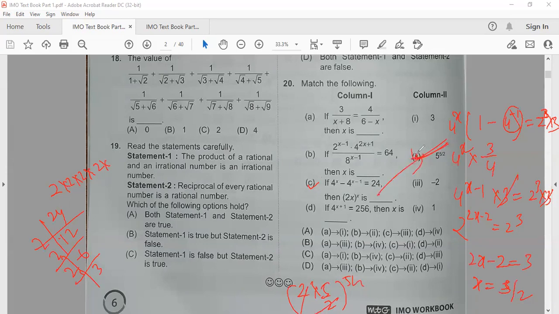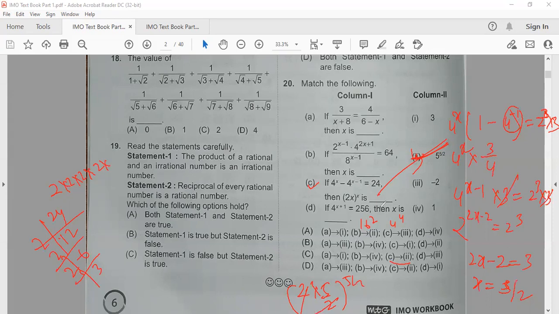So for C, the second part, where is it? Now this is 16 to the power 2. 16 to the power 2 means 4 to the power 4.